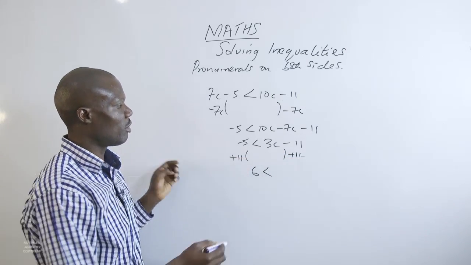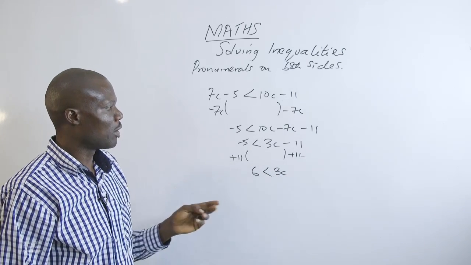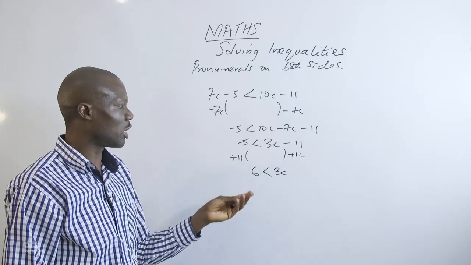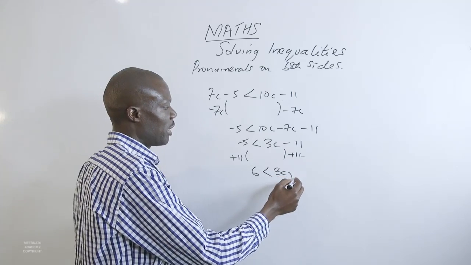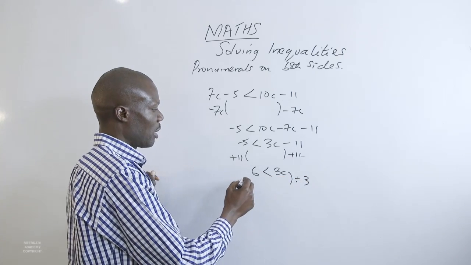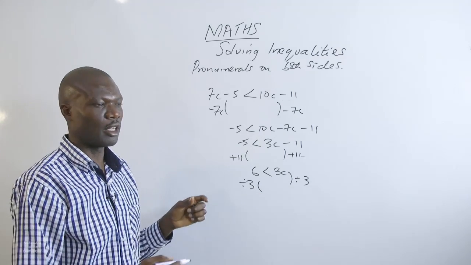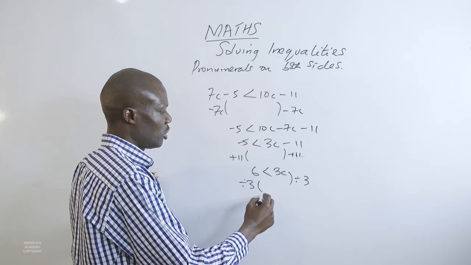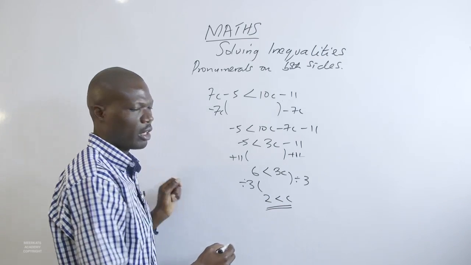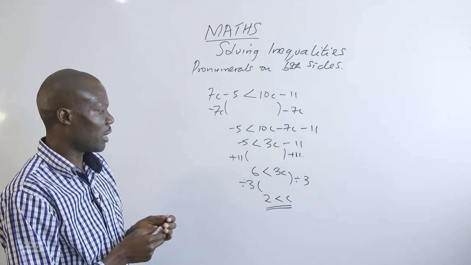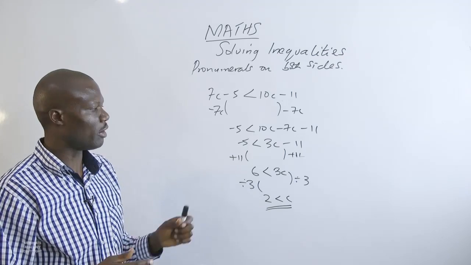And then we shall have on the right-hand side 3c. So what will follow is that we shall divide this side by 3 and divide this side by 3. If we divide both sides by 3, we are going to have 2 is less than c. Remember, we are dividing by a positive number, so the inequality symbol will always remain.